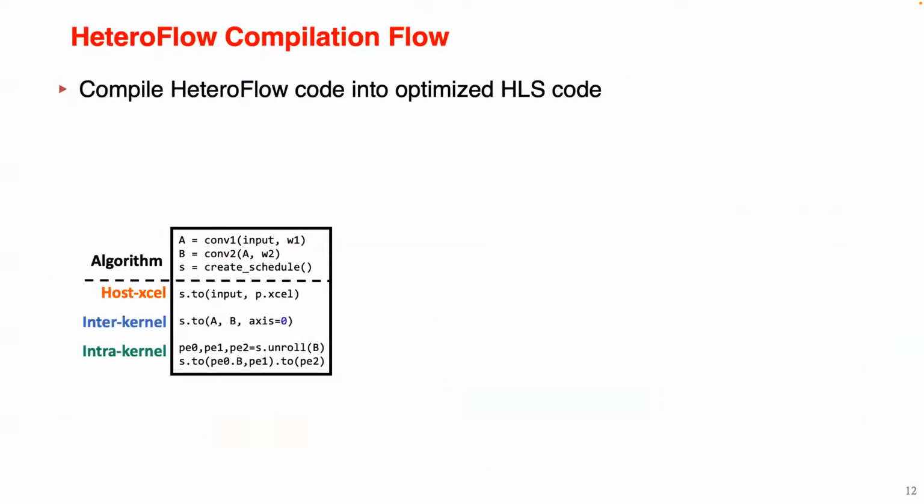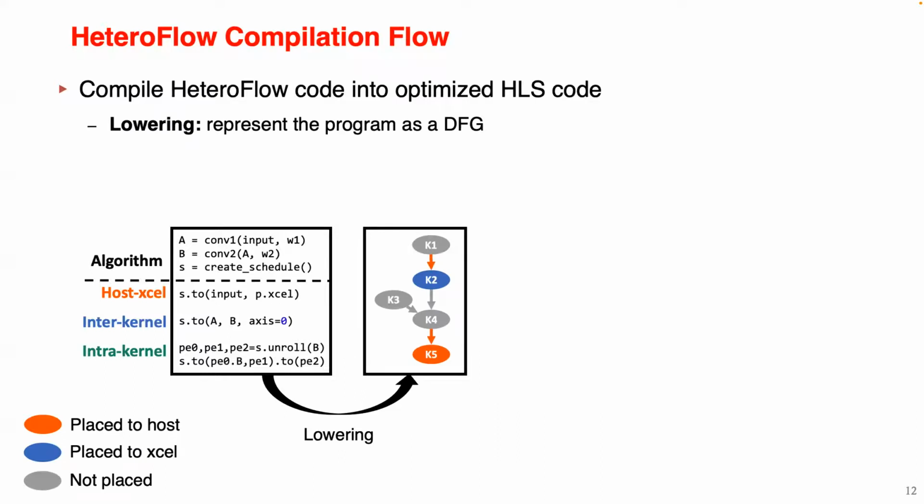We built an optimizing compiler to compile HeteroFlow code into high-performance HLS code. From a high-level point of view, the input HeteroFlow program is first lowered to a data flow graph representation, where each node is a compute kernel, and each edge is the input or output data of the compute kernel.